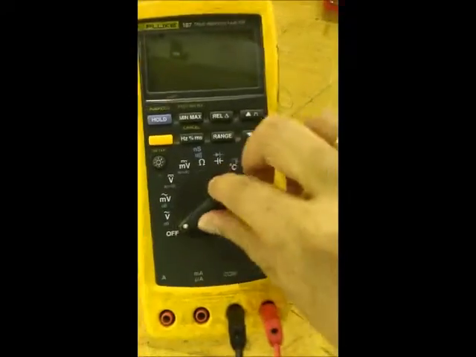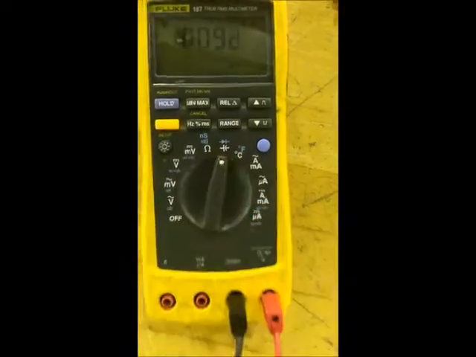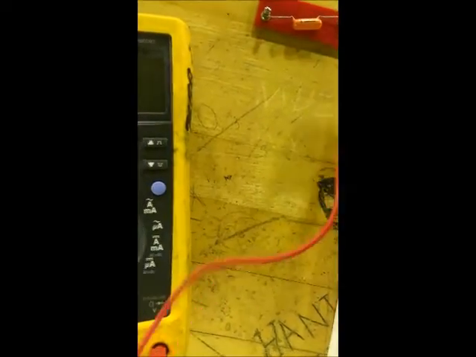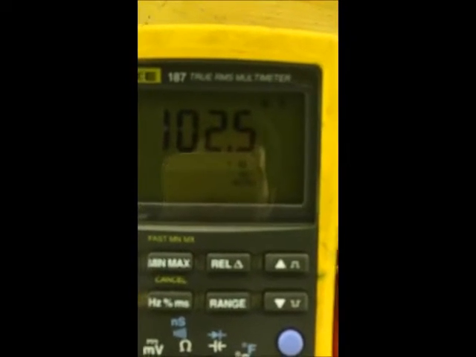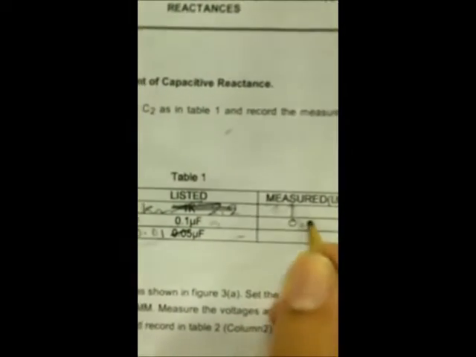I will measure it using the DMM. So I will put this one on the capacitance here and measure the capacitance of this capacitor. And it gives me 102 nanofarad, which is 0.1 microfarad.